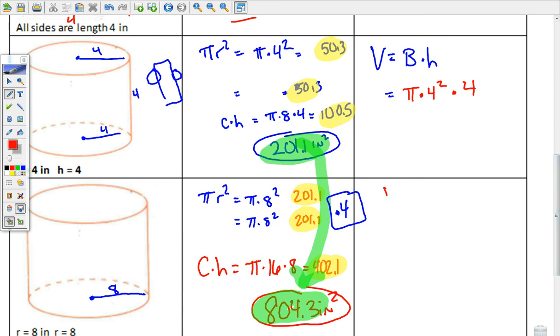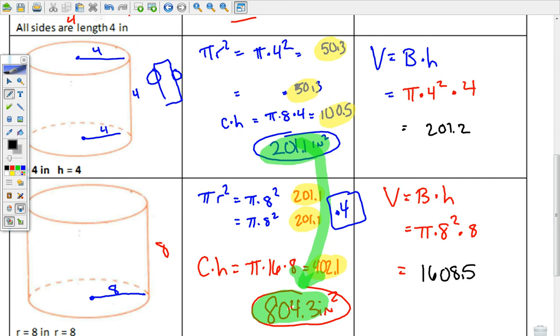And then below we're also doing capital B times H, which is pi times 8 squared now, times our 3D height of 8. Go ahead and multiply those out for me, see what you get. When we do that, I got about 201.2 and then 1608.5, rounding it.